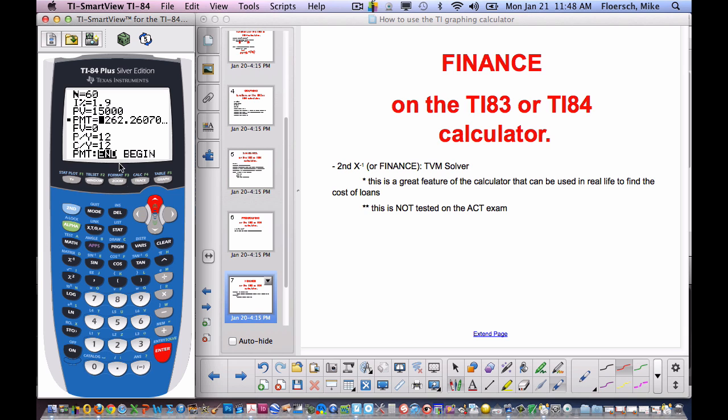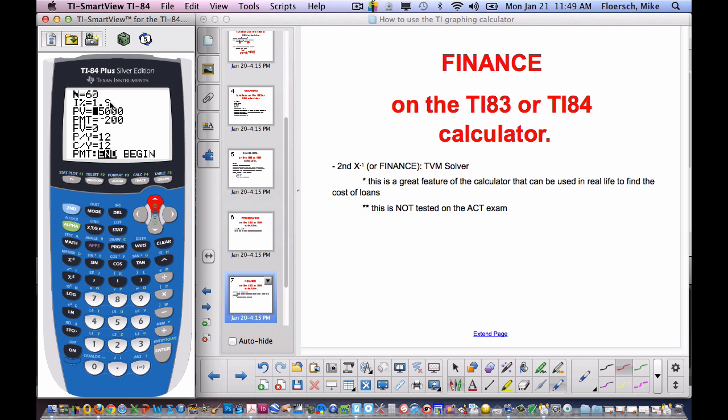Nice and easy. Now let's say you go, oh, you know what? I can actually afford $350, or I can only afford $200. What kind of car loan can I get? So then you change this payment, clear that out, and make it -200 because you are taking $200 out of your bank account. Now go up to principal value.